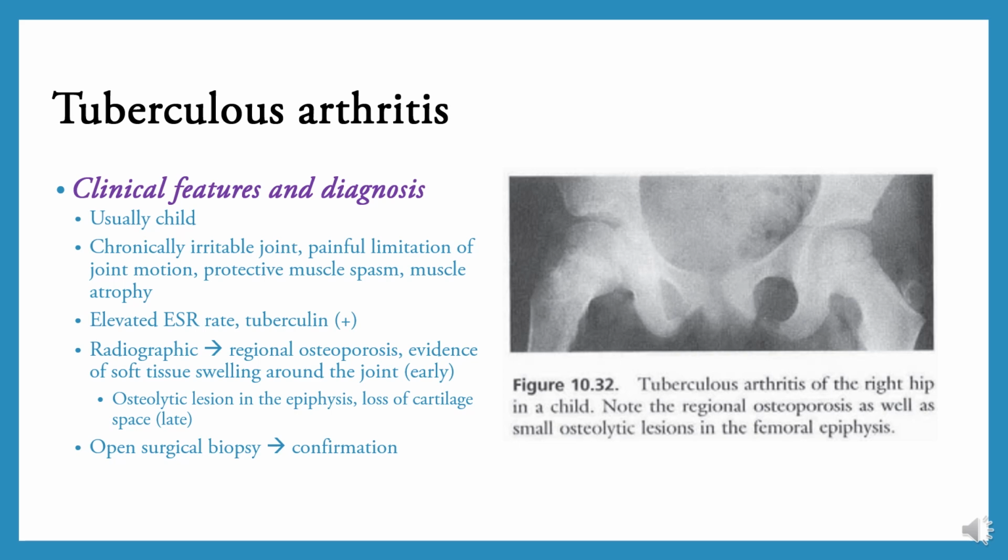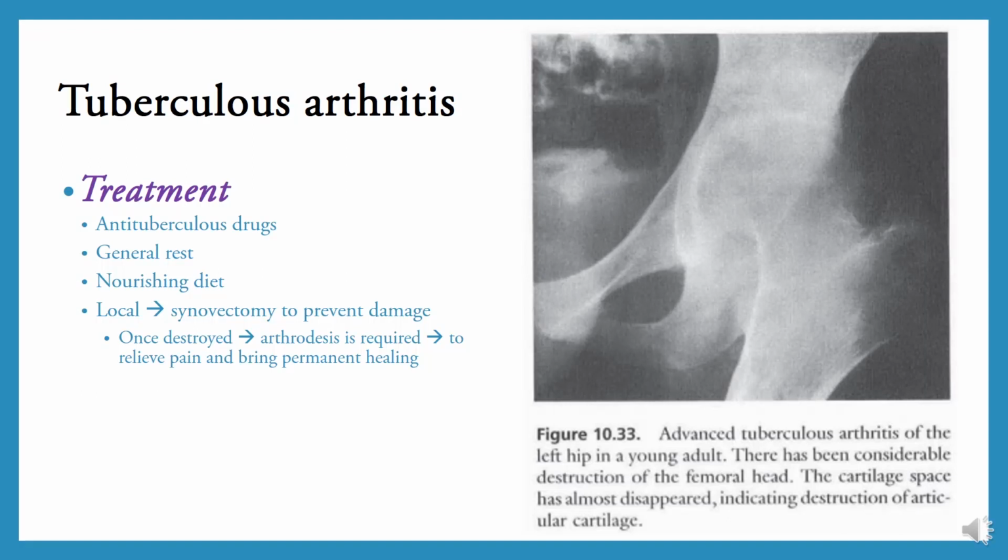In the radiographs, we could see regional osteoporosis, evidence of soft tissue swelling around the joint, and also osteolytic lesions in the epiphysis that result in loss of cartilage. For confirmation of diagnosis, we could use open surgical biopsy. Treatment is with anti-tuberculous drugs, general rest, and a nourishing diet. For local treatment, we could use synovectomy to prevent damage.